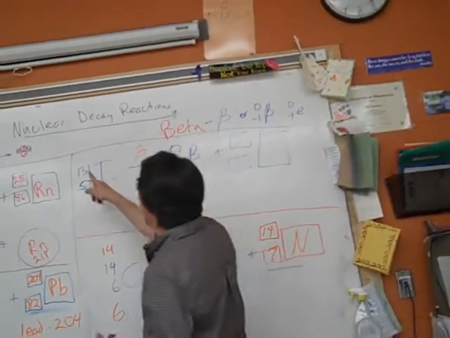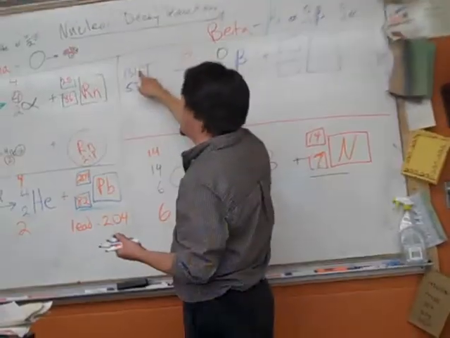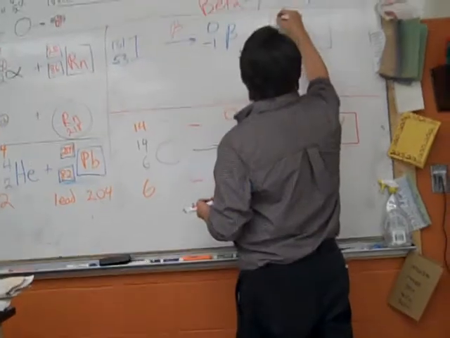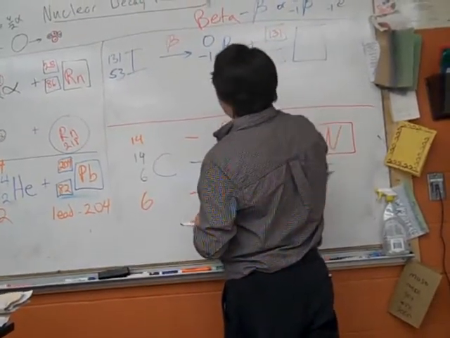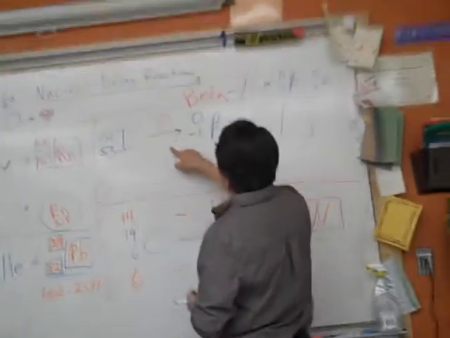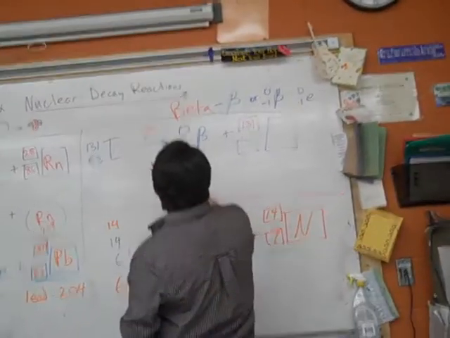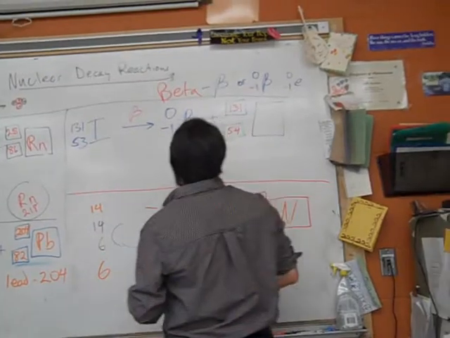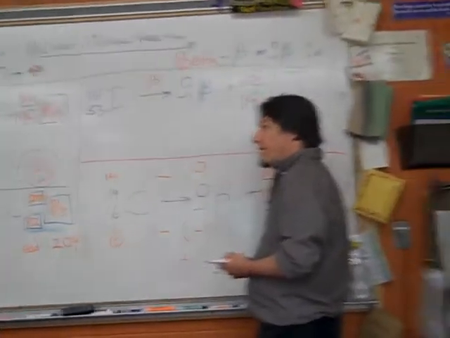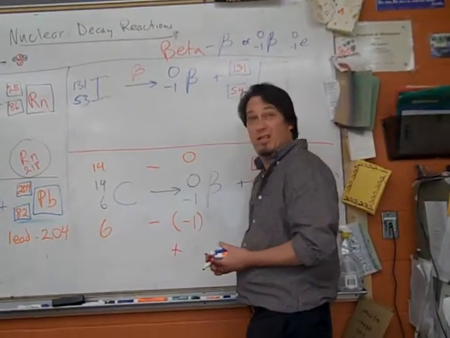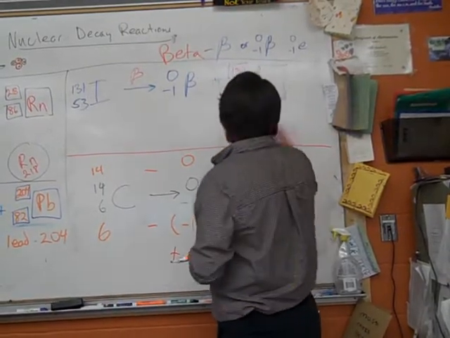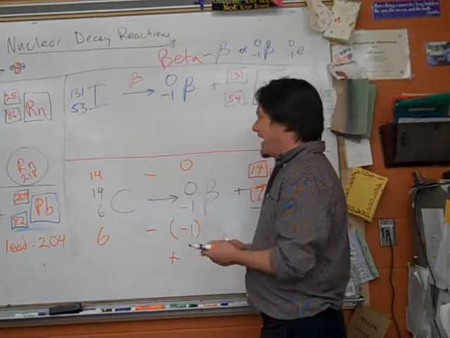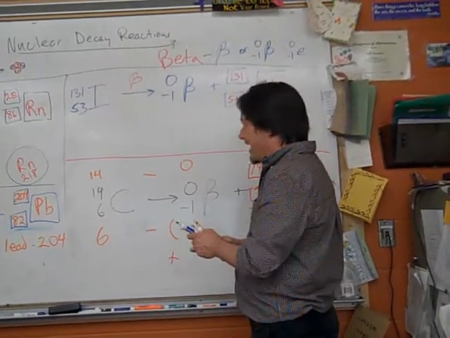Well, once again, don't forget, we lost a neutron but gained a proton, so our total mass stays the same, 131. We gain a proton here, or minus negative 1, and that means it goes to 54, which makes this xenon. Xenon, Xe. That is correct.